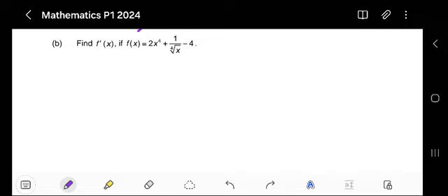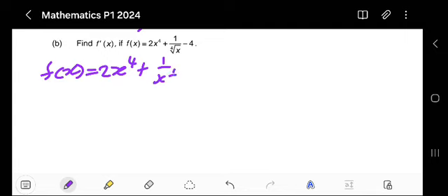So we are given f of x is equal to 2x raised to the power 4 plus, you can rewrite this. This is the same as, remember, this is 1 into x to the 1 over 4 minus 4, but now we're supposed to be careful there.